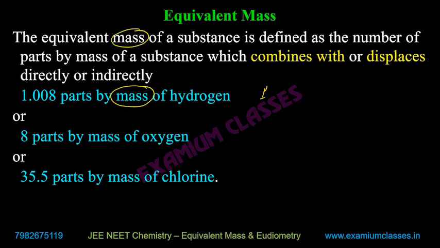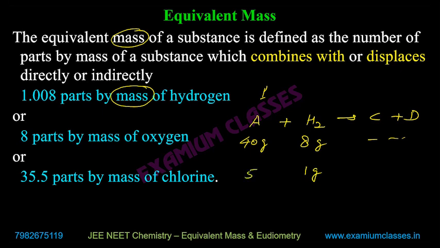Okay, 1 part by mass of hydrogen. So suppose I have A and it reacts with hydrogen and gives C and D. So suppose it is given that 40 grams of A reacts with 8 grams of hydrogen and gives something. So what we will do, we will just downgrade it to 1 gram hydrogen. And with that, we will do the unitary method that it will be 5 grams.